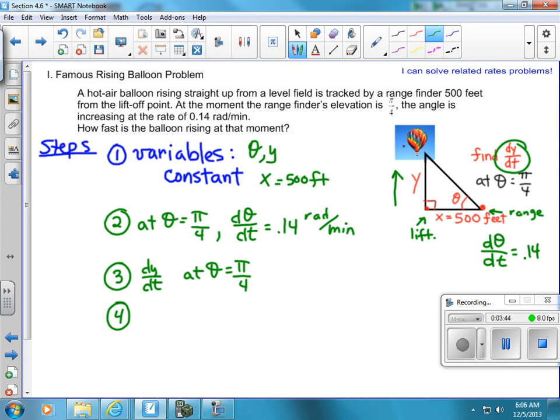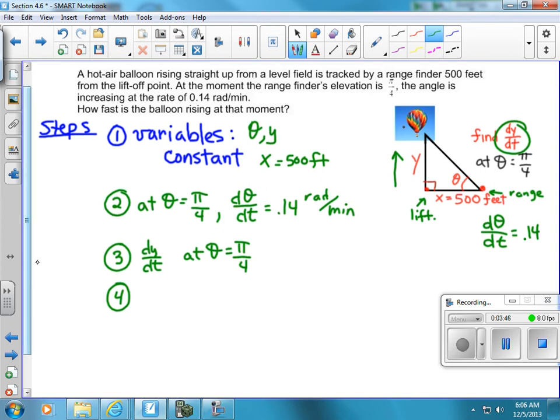All right, so the equation we can use to relate an angle, an opposite side, and an adjacent side is, oh my, good old tangent. Tangent of theta equals y, opposite over adjacent. Now, adjacent is 500 and it's fixed, so we don't really need to use a variable for it.